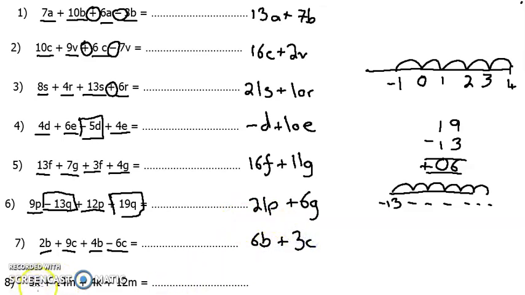Okay, last one. There's no minuses in here, so it should be pretty straightforward. Here we've got 5k plus 4k equals 9k. And then we've got 14m plus 12m equals positive 26m.